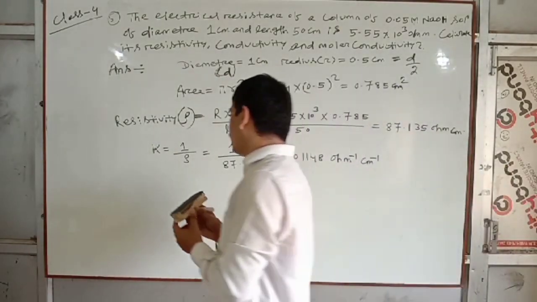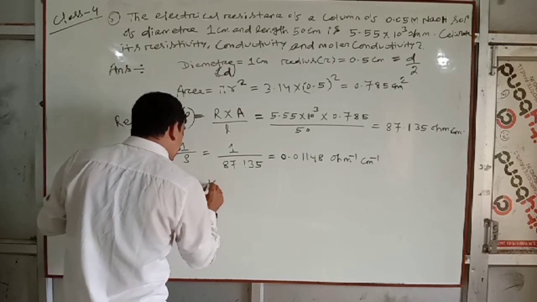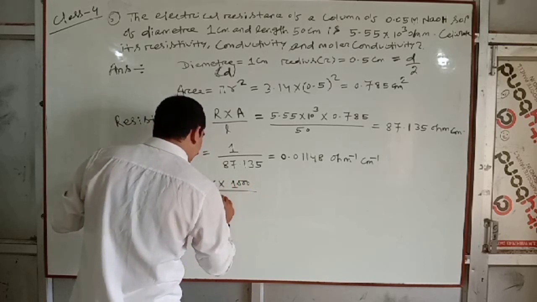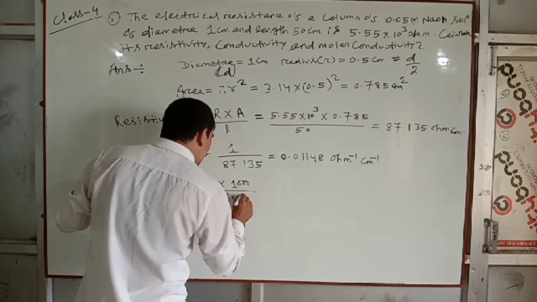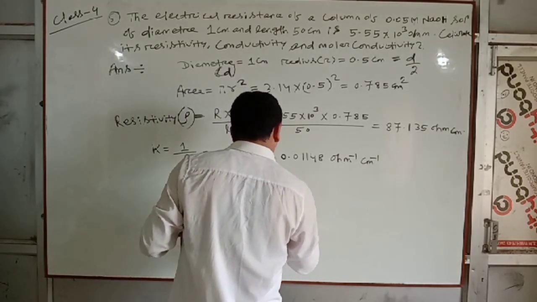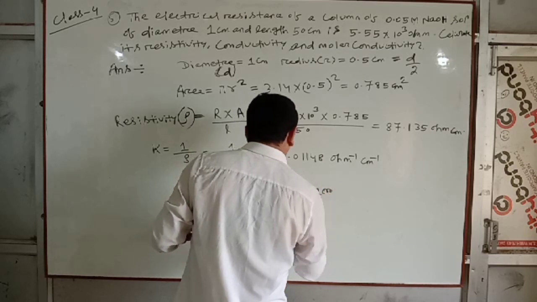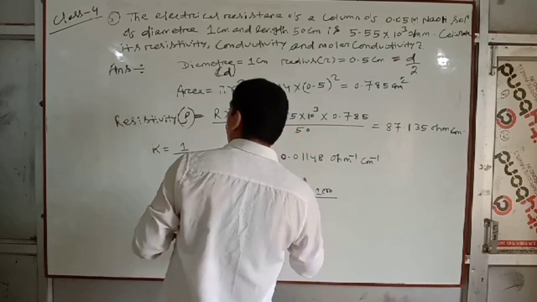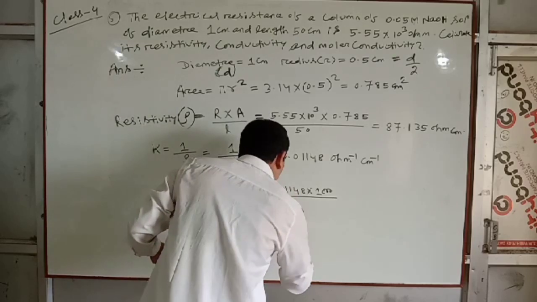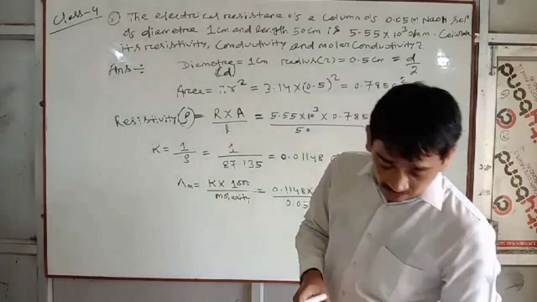Next is molar conductivity. Lambda equal to kappa into 1000 by molarity. So kappa is 0.01148 into 1000 divided by molarity. Molarity is 0.05. You have to calculate this value.